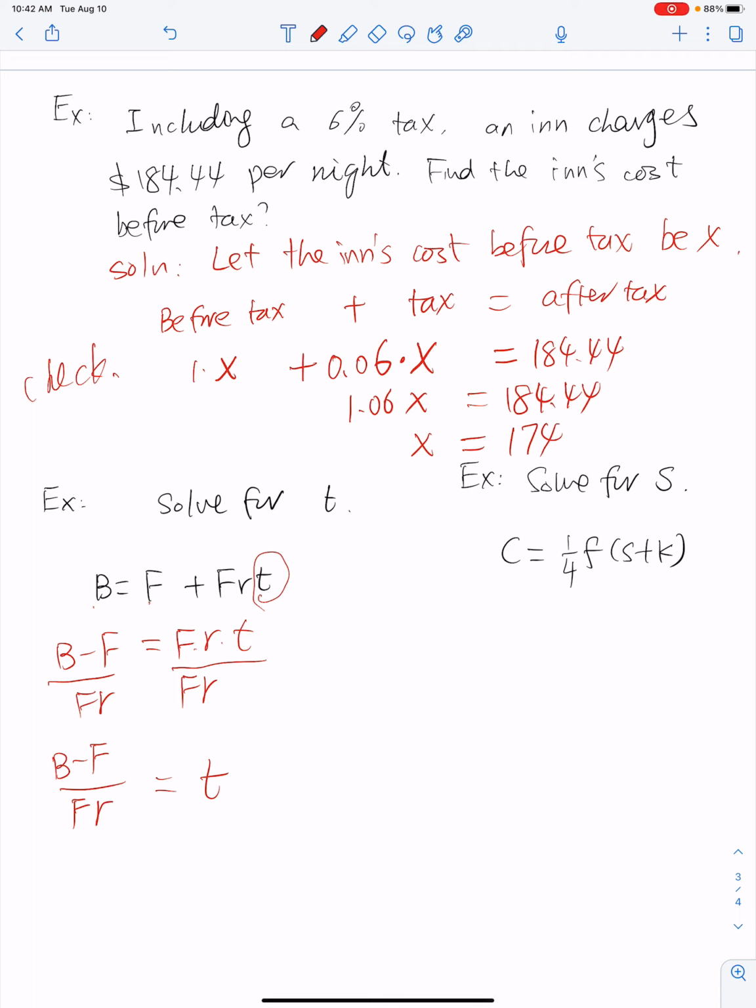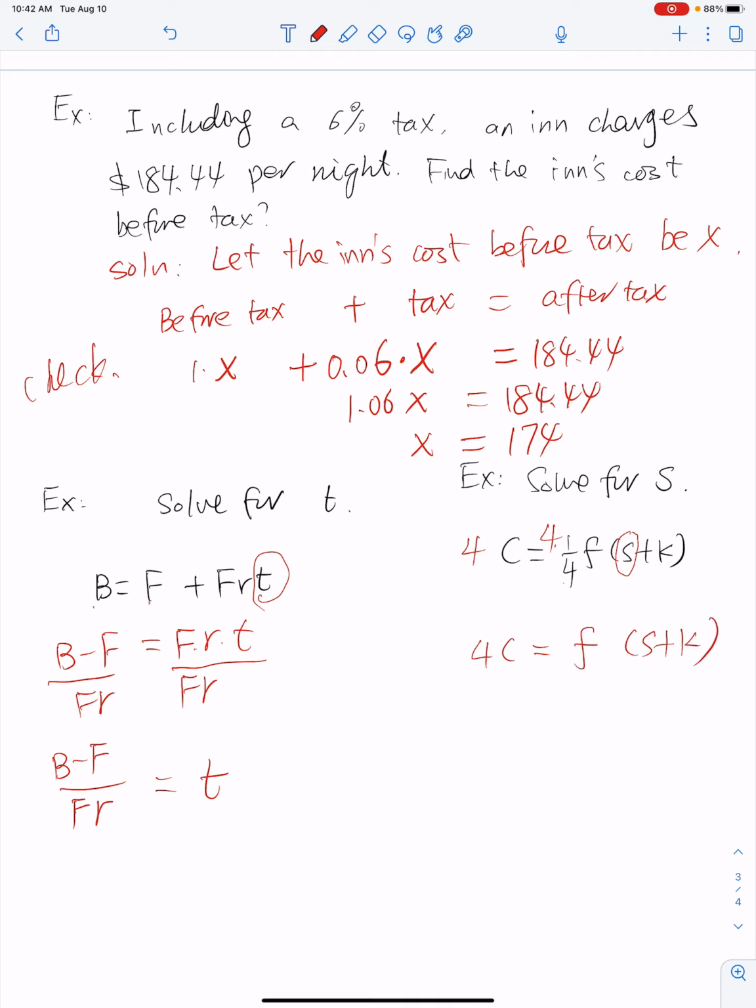The next question, you want to solve for s. You want this by itself. How could you get rid of 1 over 4? Multiply by 4. So you have 4c equal to fs plus k.